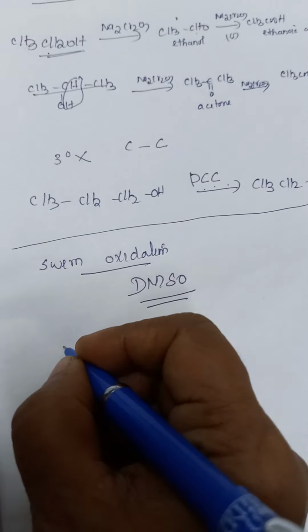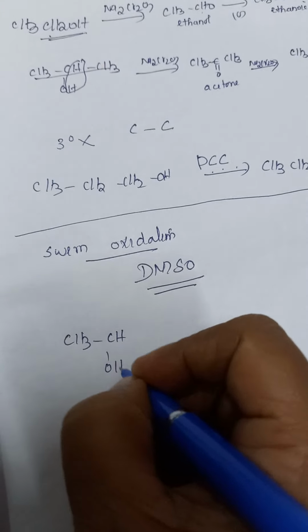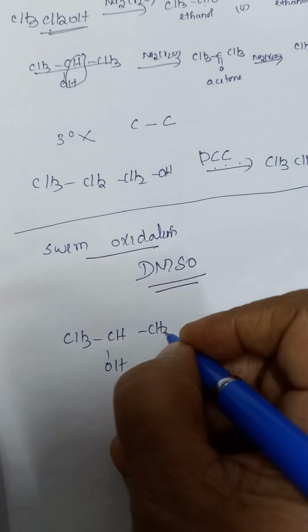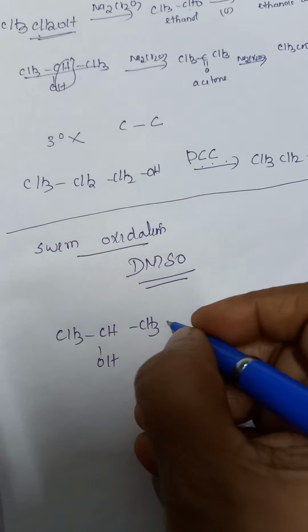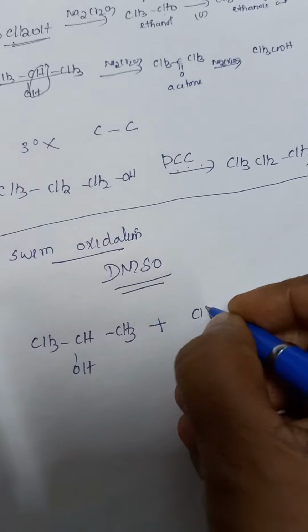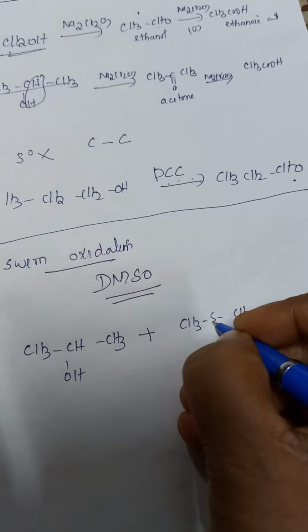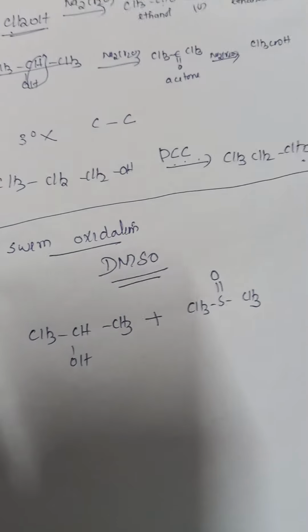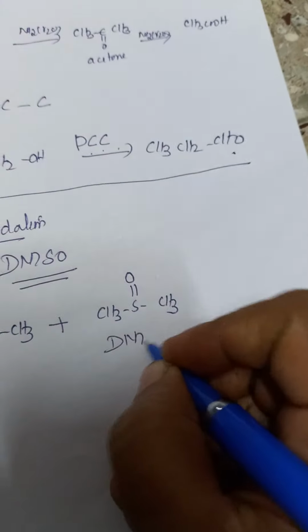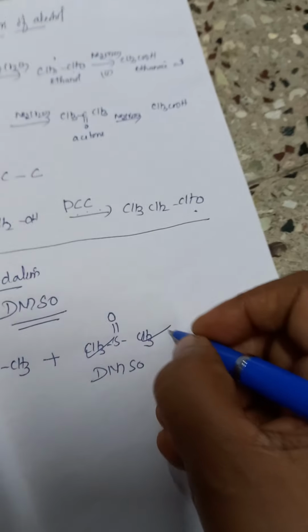So a secondary alcohol is taken, CH3CHOHCH3, propan-2-ol, in the presence of dimethyl sulfoxide, S double bond O, DMSO, with oxalyl chloride.